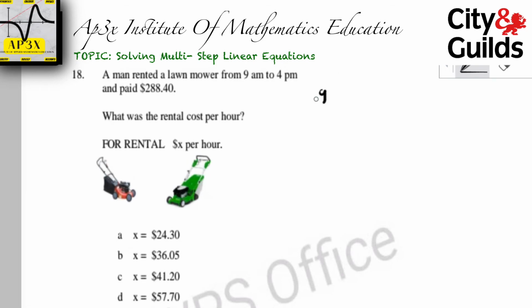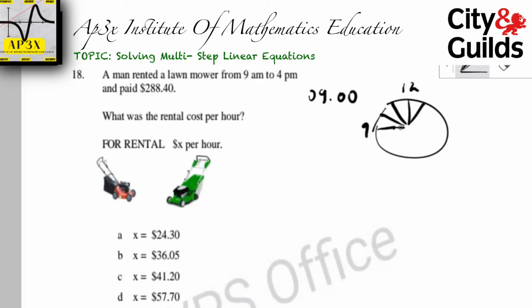Let's see, we started at 0900 hours in the morning. So we know that between 9 and 10 is an hour. Let's draw a clock here. Okay, easy way to do this. This is 9 a.m. in the morning. So 1 hour, that's 10. 2 hours, that's 11. 3 hours, that's 12. 1 o'clock, that's 4 hours.